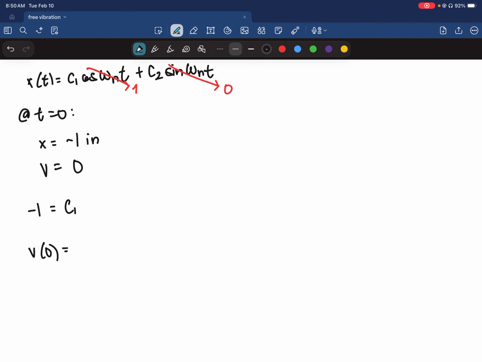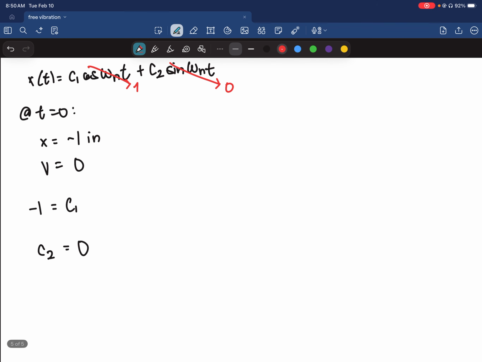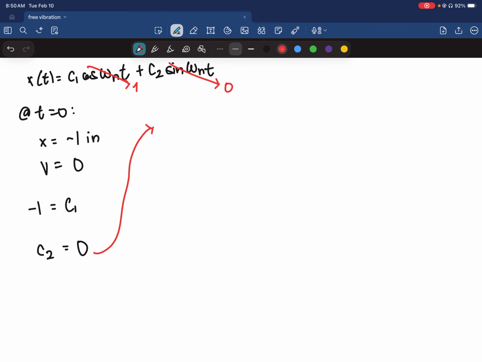Or actually, our b sub 0 we can just set into C2 equals 0. Since it's 0 anyway, there's no point in doing the solution there. Yeah, let's explain so we don't get confused. Since we took the derivative, it becomes negative C1 sine, which becomes 0, plus C2 cosine.